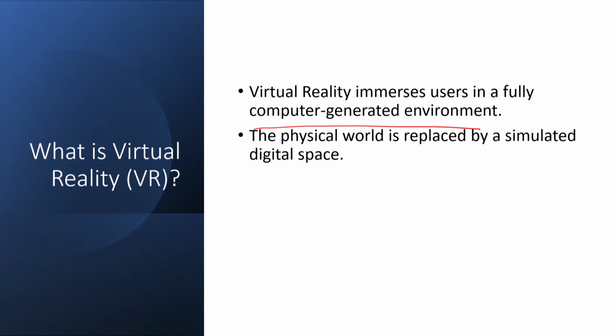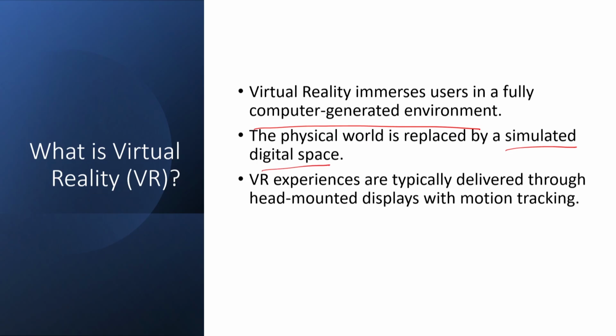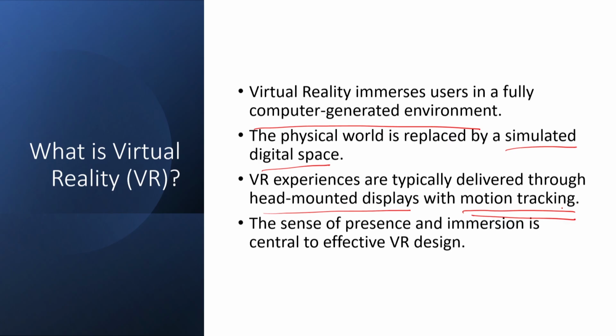The physical world is replaced by a simulated digital space, and these experiences are typically delivered through head mounted displays, such as the one you saw today, me putting on the Quest 2, or the old ones such as Sutherland's HMD, and typically these displays will come with motion tracking.